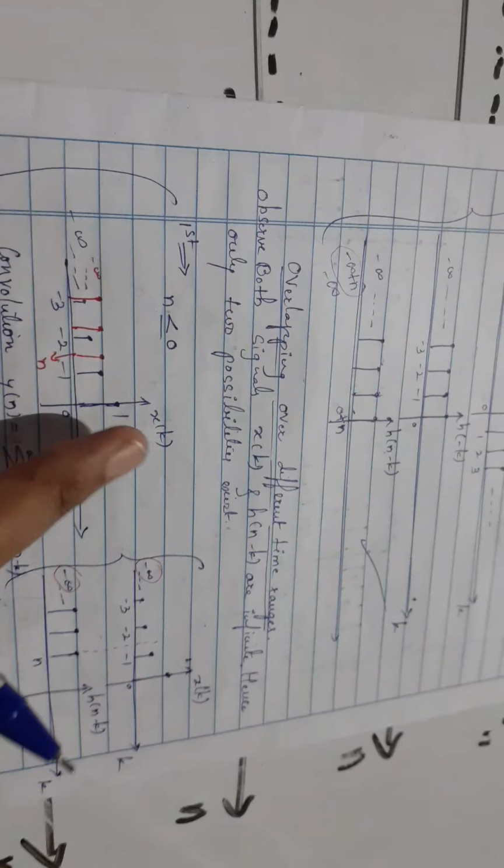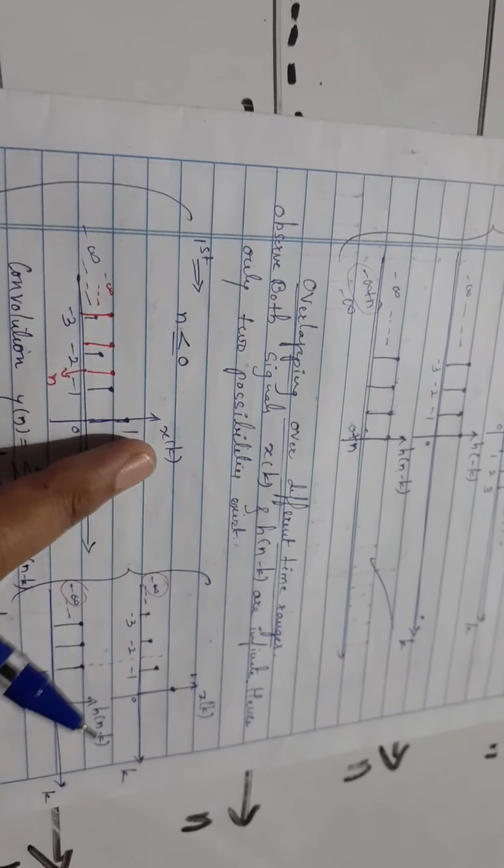Now let us move to the overlapping procedure. If you observe, both x and h, both the signals are infinite. So overlapping will have only two possibilities, left and right. First possibility, let us move to that. Draw the first signal x of k, blue signal indicates x of k, and keep it fixed.